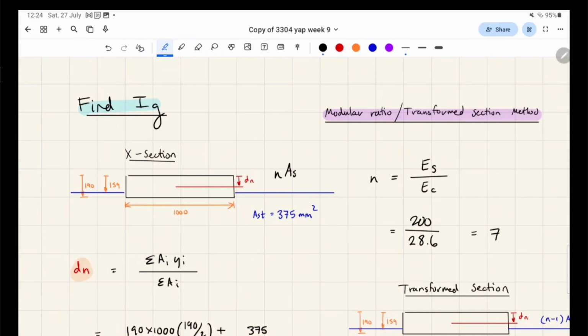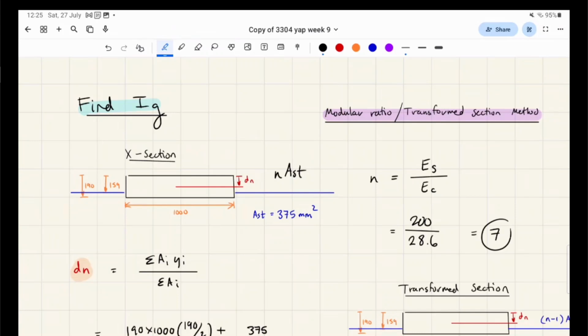That's multiplying it by 7 because of its stiffness. It's essentially 7 times stiffer than concrete, which is the slightly more correct way of saying it.